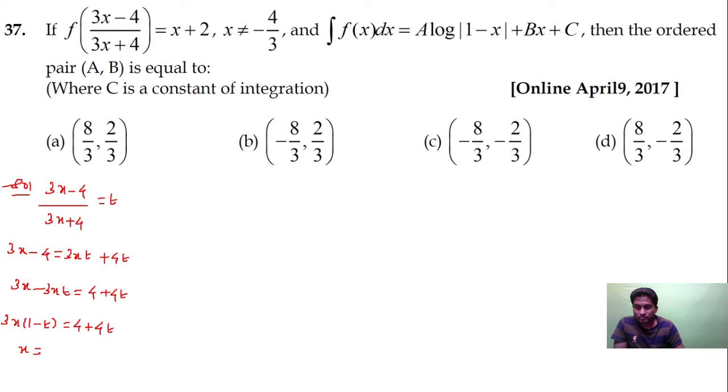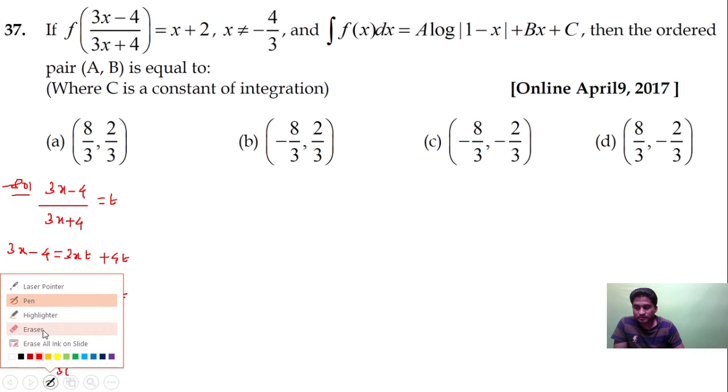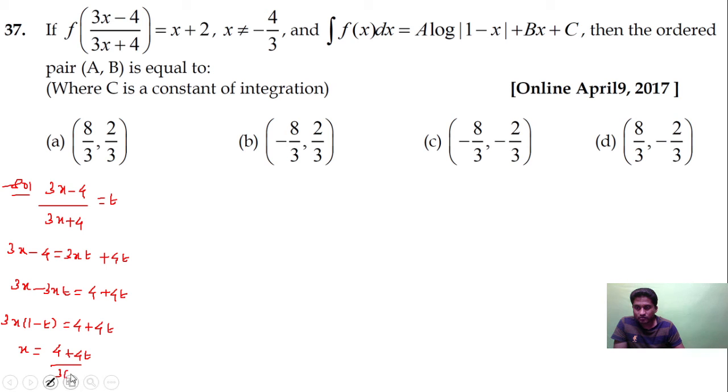So x is equal to 4 plus 4t upon 3 into 1 minus t. So x will be equal to 4 plus 4t upon 3 minus 3t.